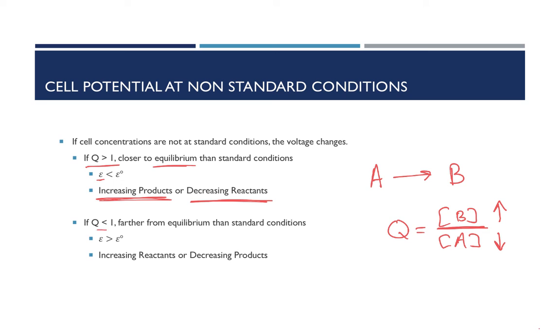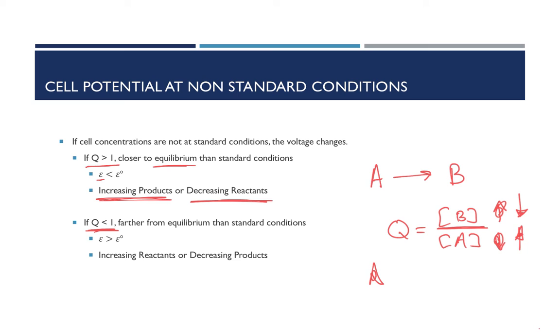Likewise, the other way, if we want to increase the voltage, we want Q to get less than 1, and the way that we do that is to increase the amount of reactants, which would make a bigger denominator, or decrease the amount of product.